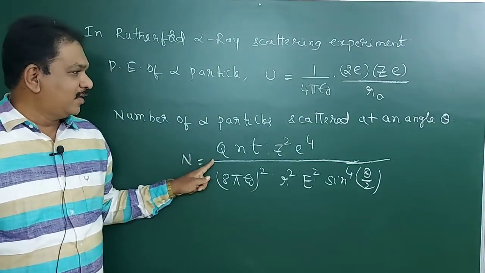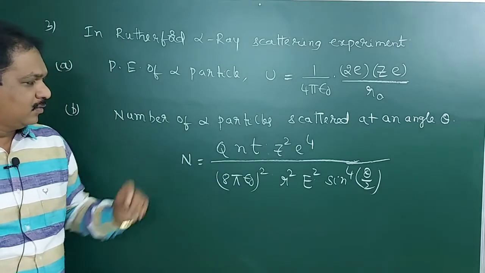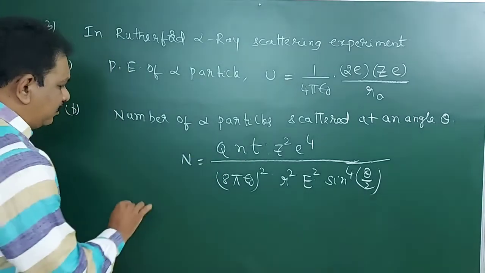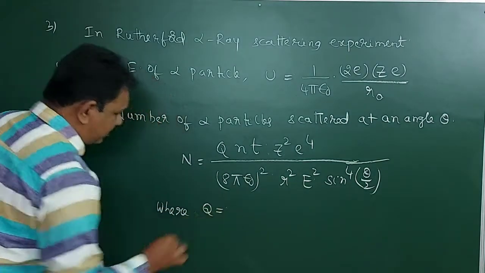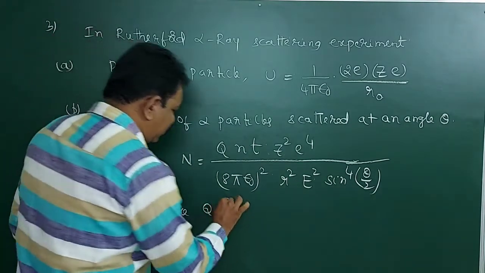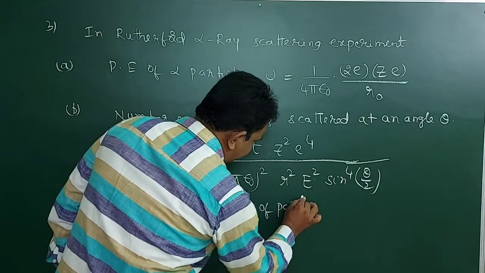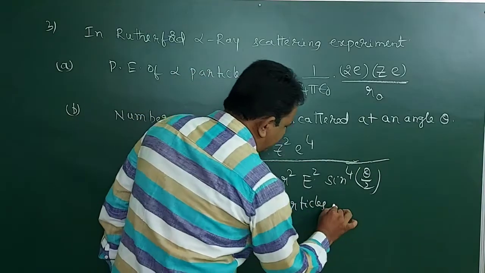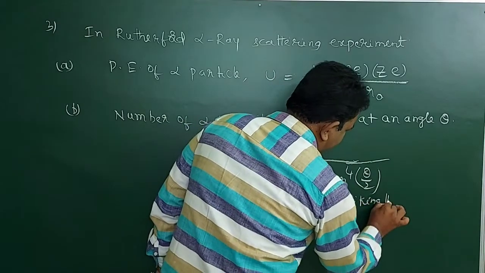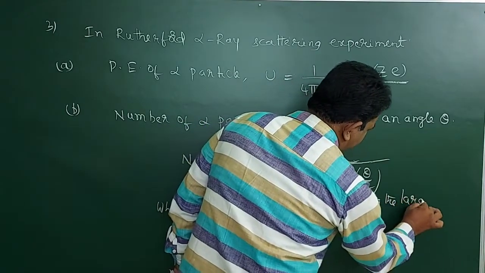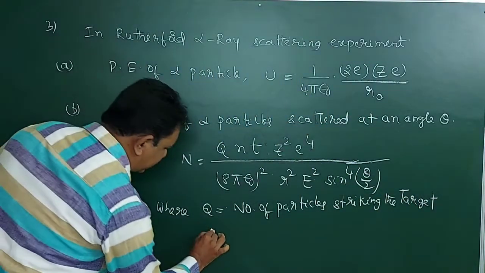Number of alpha particles scattered at an angle theta, N is equal to this formula, where Q is equal to the number of alpha particles striking the target.